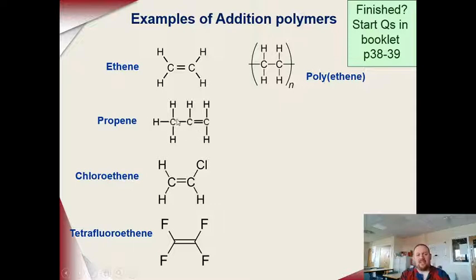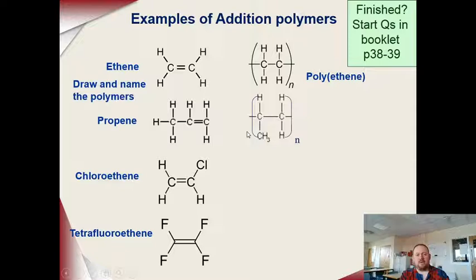So what do we do? Well, all we do is move this bond down here, and suddenly it means that we will have a CH3 group here. Our bonds go straight through here, and it means that we've made propene that's been polymerized, so its name is polypropene. We have this one here. This is chloroethene, and again, it's drawn quite nicely.